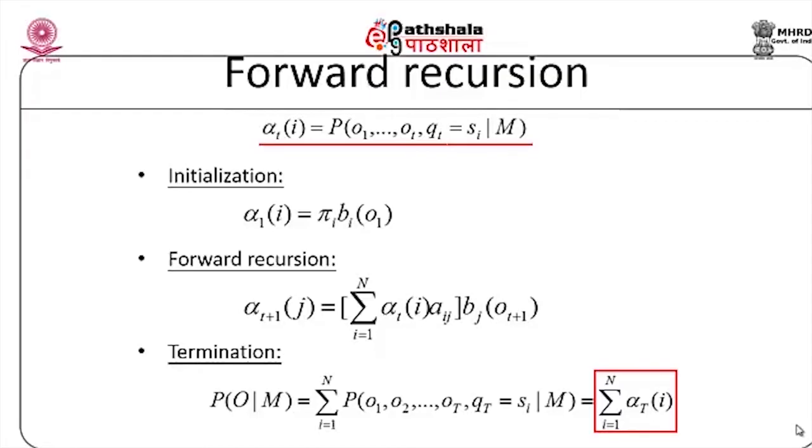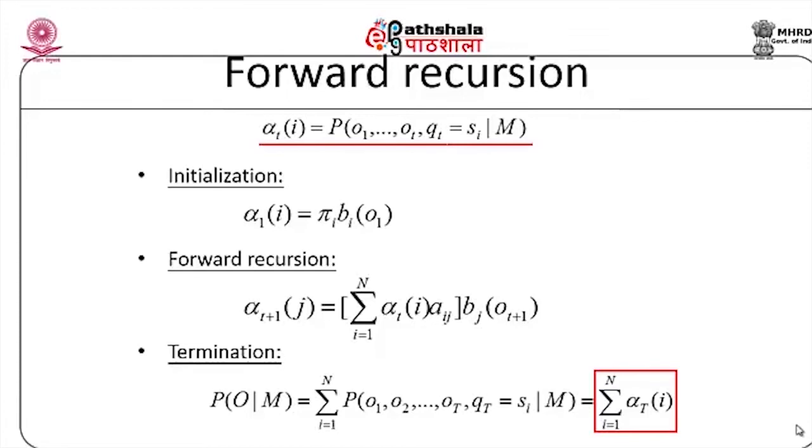So, alpha, the probability of being in state i at time t, is nothing but the probability of observing O1 to Ot and being in state i given the model. So, initialization is alpha 1 of i, that is the probability of seeing the first observation at time t1 at the state i.